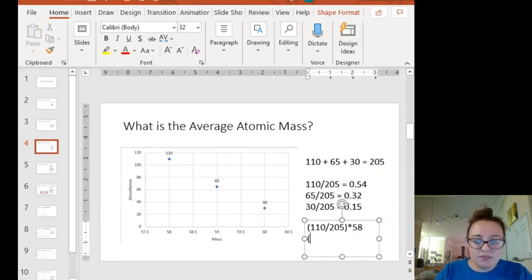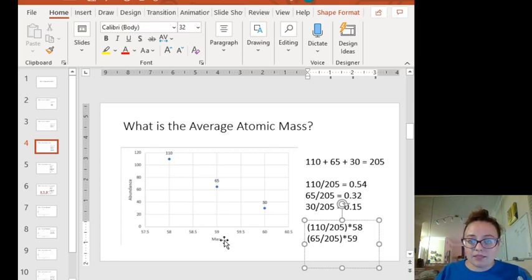So we'll do the 65 out of 205 times the mass that goes with it, 59. And then the last one, we have the 30 divided by 205 times our last mass, which is 60. And once we calculate these 3 values, we add them up.